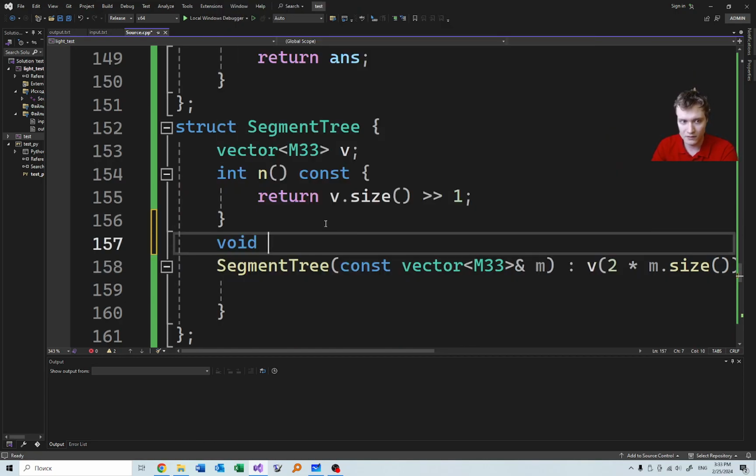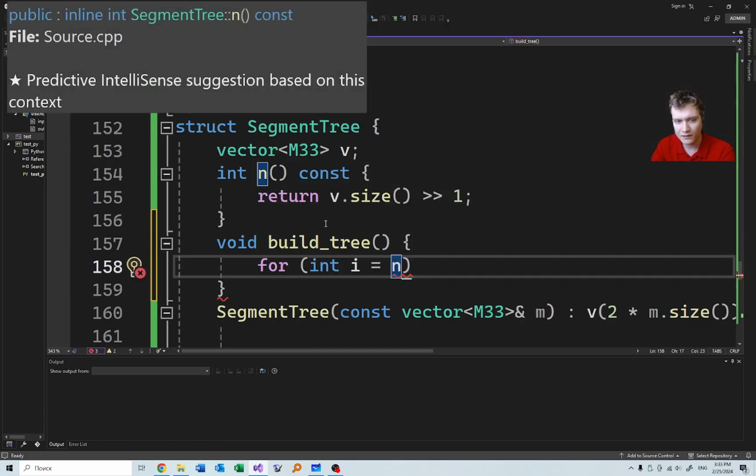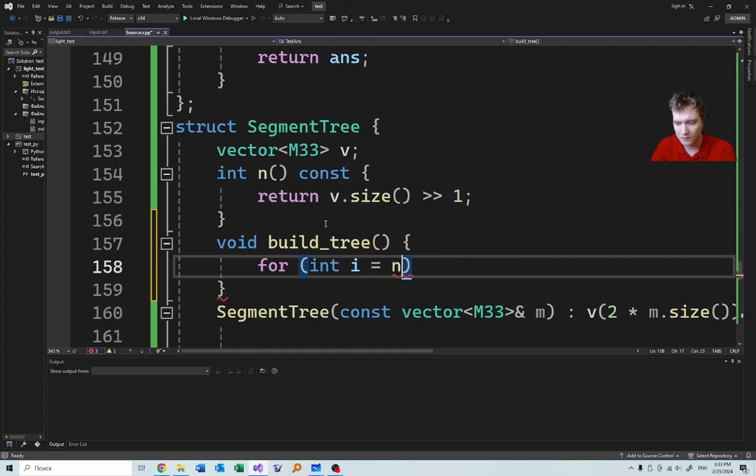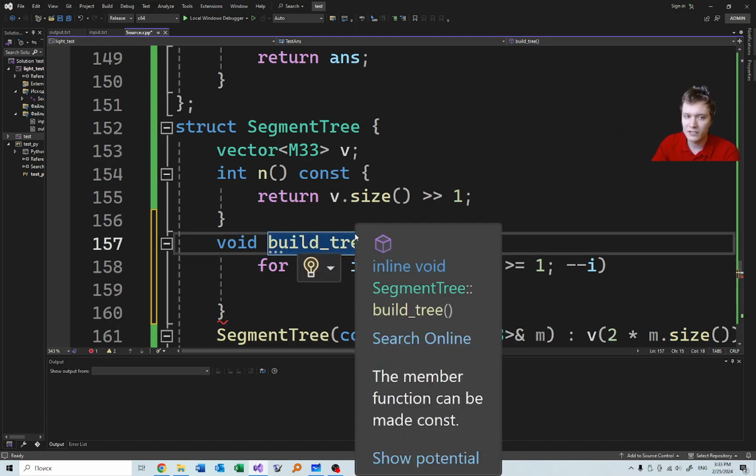Let's write a function build tree. To do that, we need to go from n minus 1 to 1. Okay, let's also write a function update.